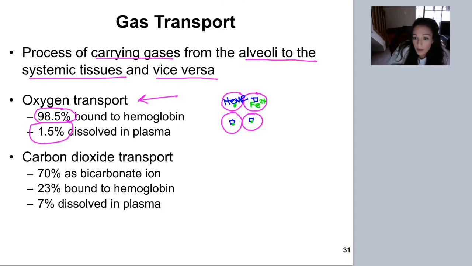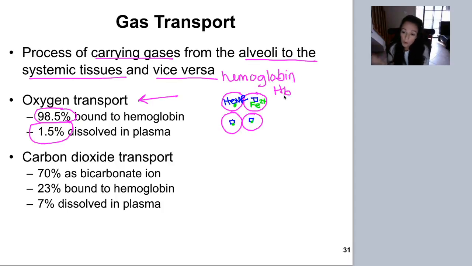So this whole thing that we've got here, this is hemoglobin. And you might remember we abbreviate this Hb. Okay, so we've got 4 globin subunits, each with a molecule of heme that's carrying a ferrous ion. And those 4 subunits together with those heme molecules make up this one molecule of hemoglobin.